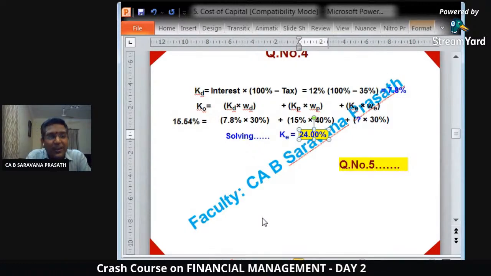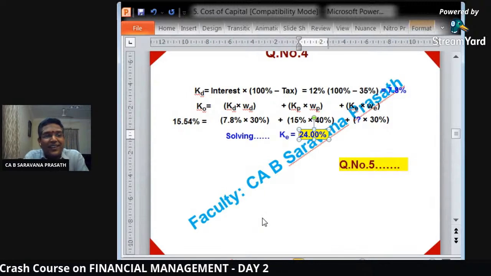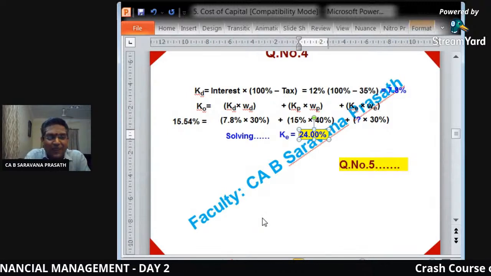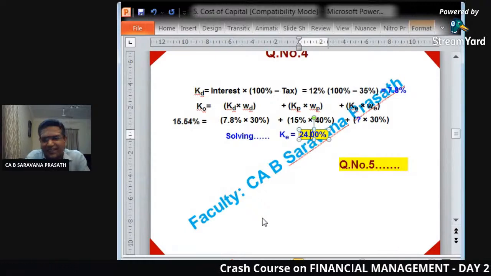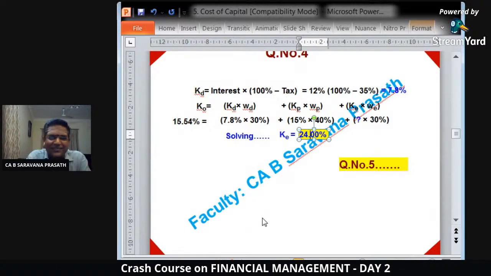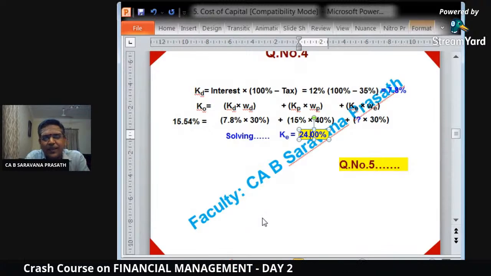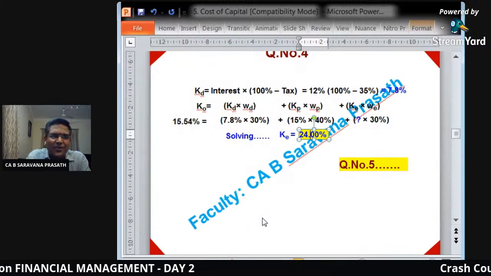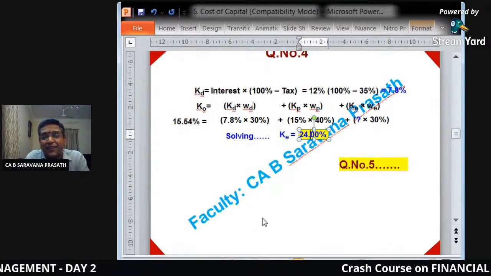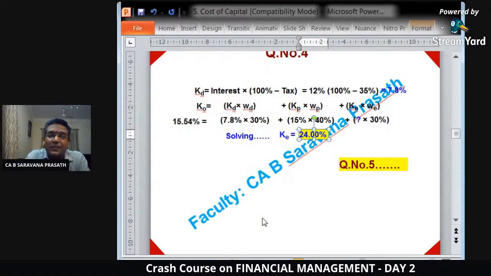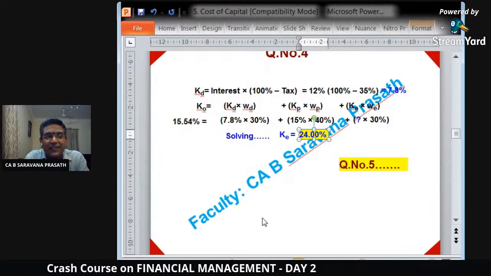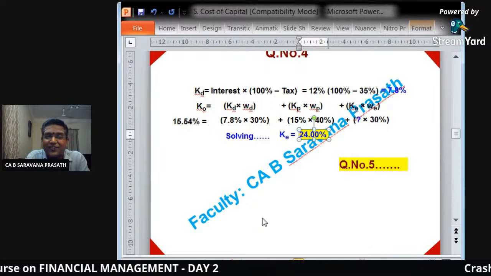We will do one more calculation involving the cost of capital formula and then move on to the next set of concepts. Just to draw your attention, we have been discussing for around 2 hours now. We have discussed 3 types of leverage today: operating, financial, and combined leverage.